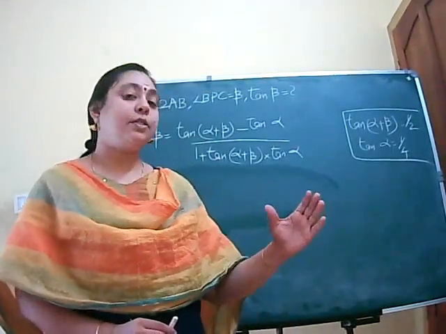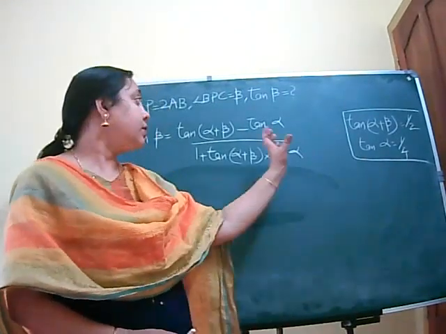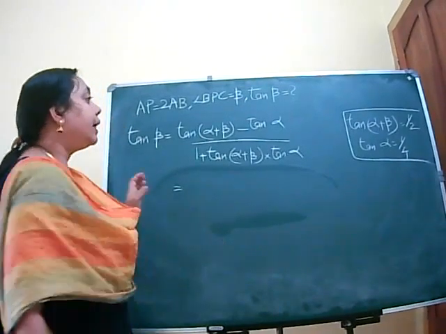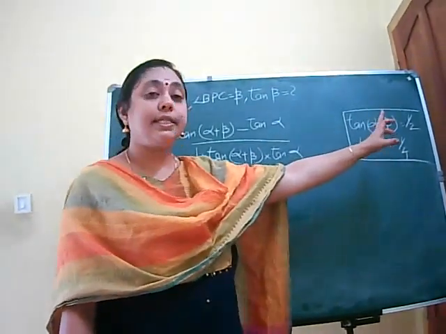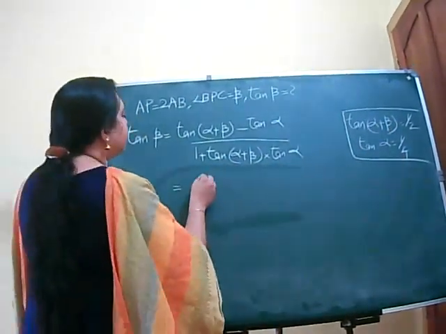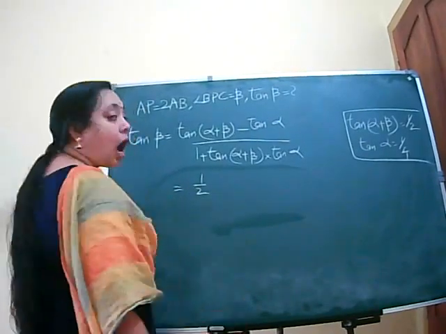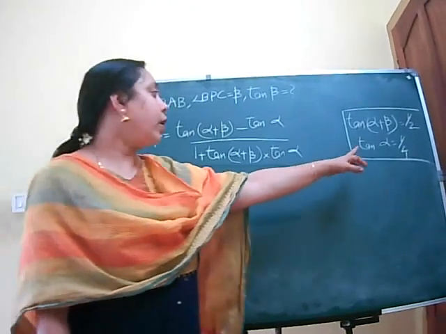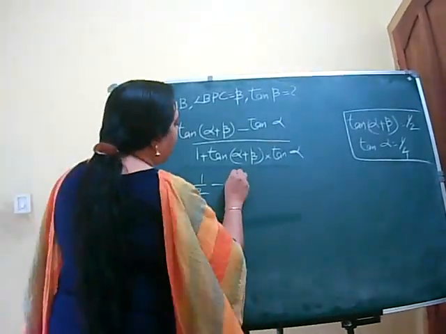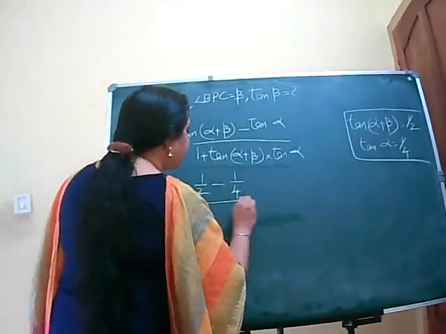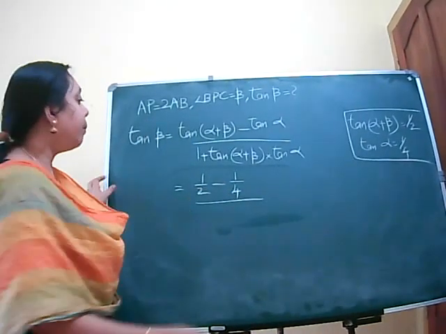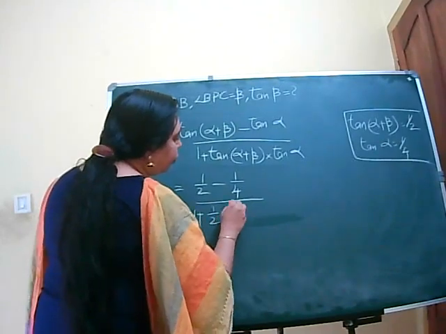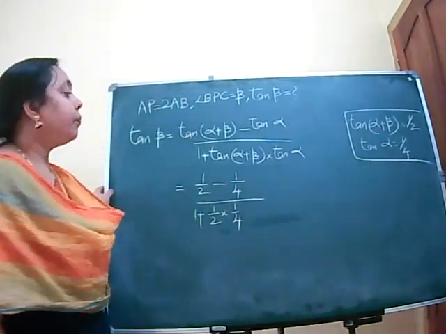Now just substitute these values in the formula. Tan alpha plus beta is half. So this becomes half minus tan alpha, which is 1 by 4, divided by 1 plus half into 1 by 4.